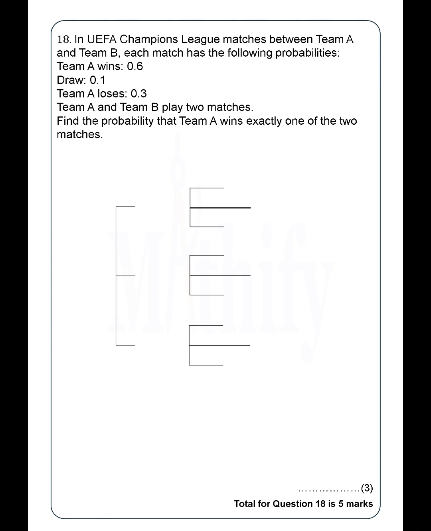This topic is tree diagrams. So we need to fill in all the information we know, for the first match and second match. Let's start with the first match. We know the probability that Team A wins is 0.6. Probability that Team A wins the second match is also 0.6. Probability of a draw, 0.1.